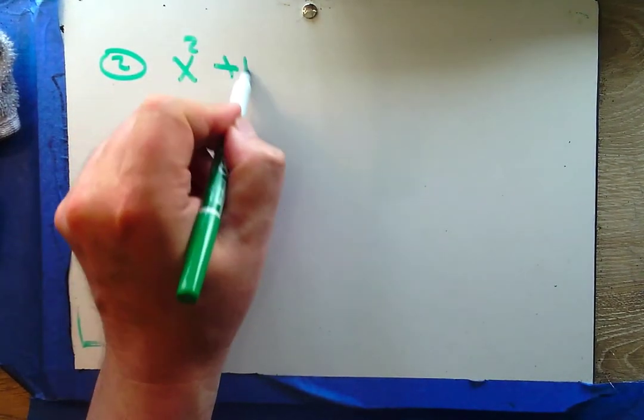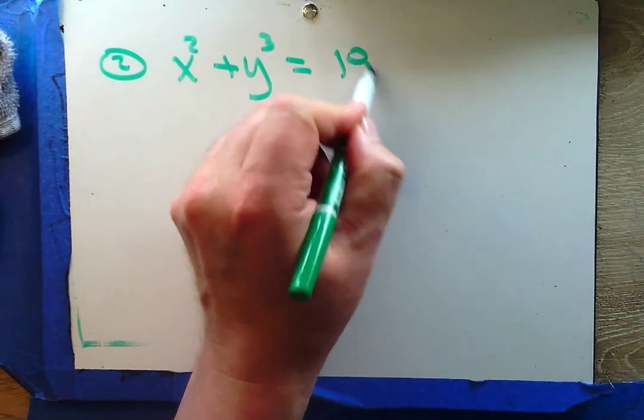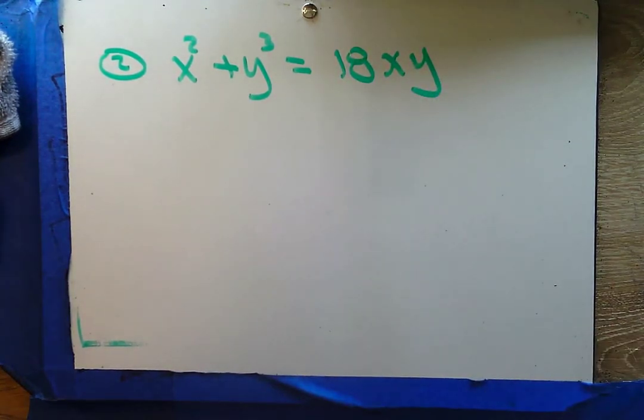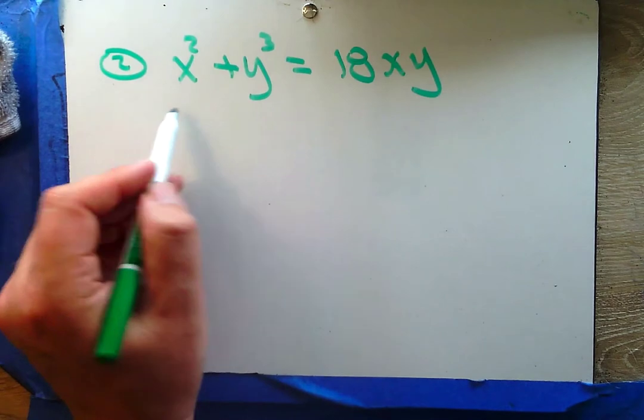X squared plus y to the third equals 18xy. Give it a try, see what you get. Welcome back.